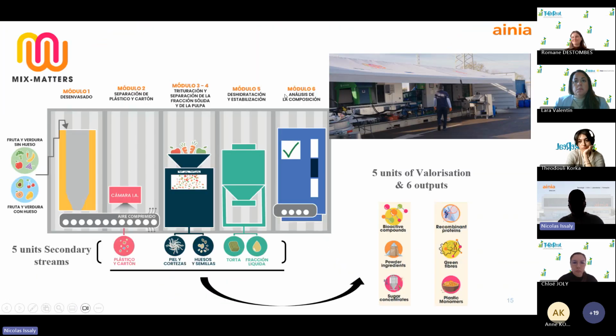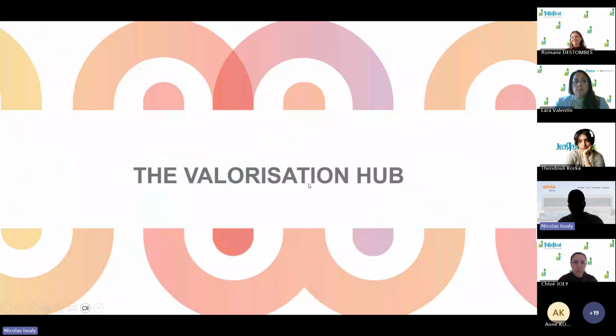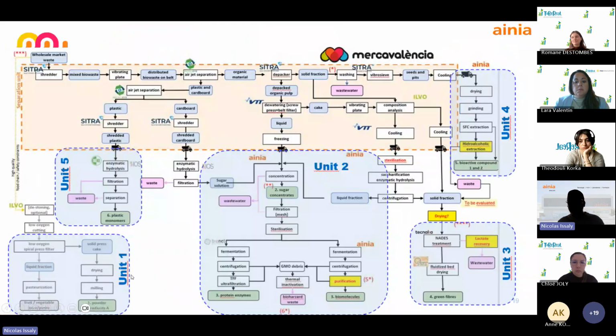So we have the separation unit, and after we have the valorization hub with 5 different units of valorization. As I said, we have 9 partners belonging to research and technological organizations, and these partners are distributed in 5 different valorization units in order to produce different outcomes.